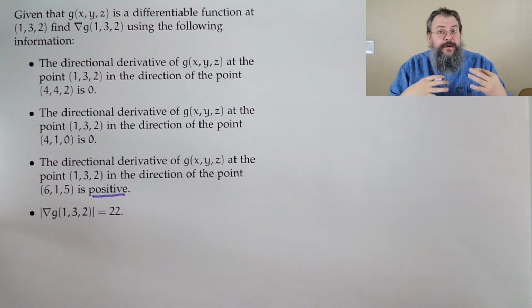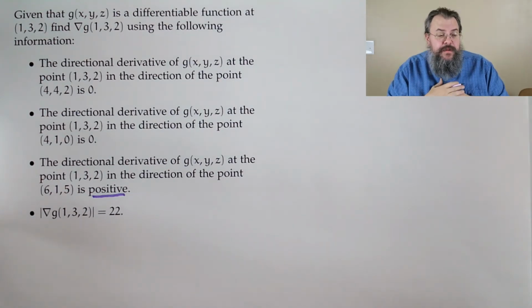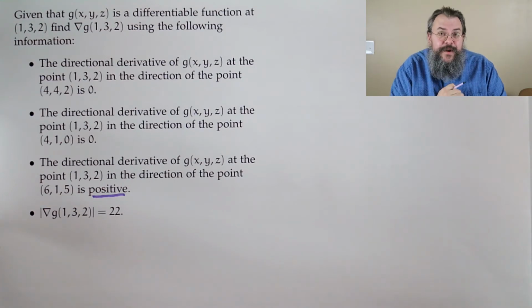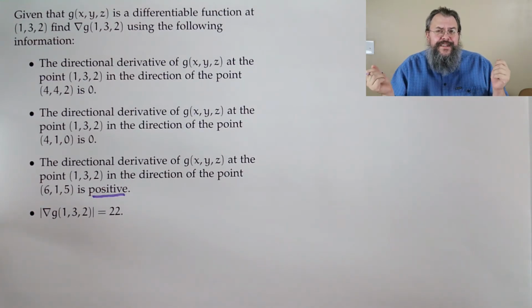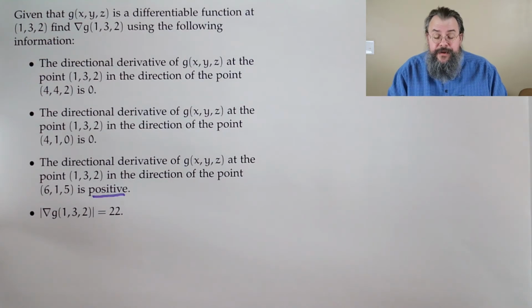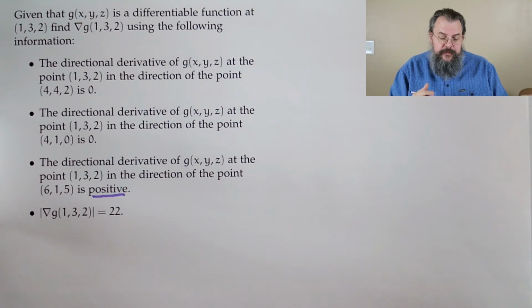It's not giving away much. It's keeping it, so to speak, as they might say in poker, keeping it close to the vest. So how do we use the fact that it's positive? Well, we'll figure that out once we get closer to it. But certainly we see there's a lot of gradient things going on.